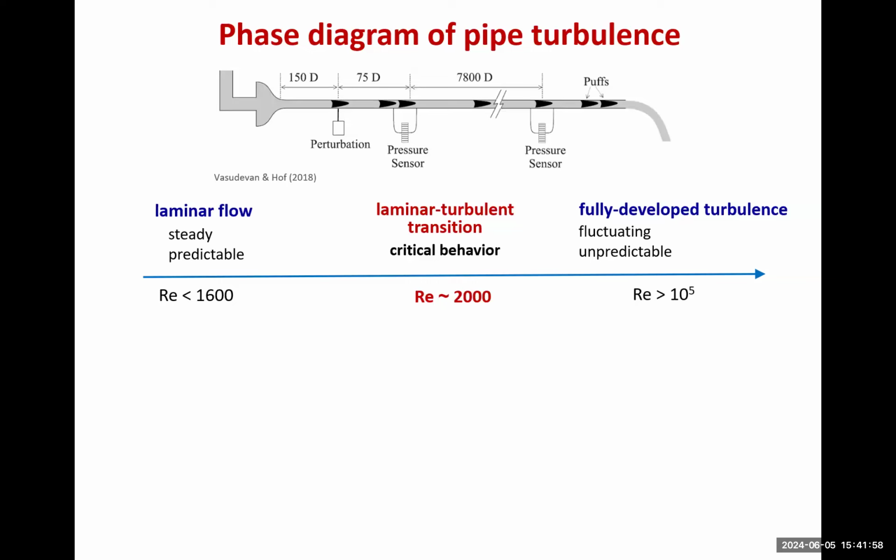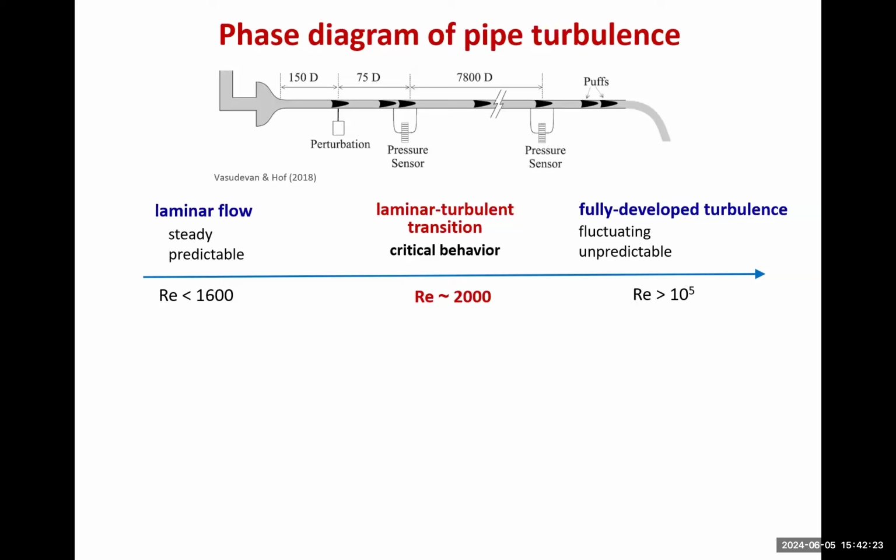Okay, so here's a pipe, and there's a thing called the Reynolds number, which is the velocity of the flow times the scale of the flow, that's the pipe diameter, divided by the viscosity.